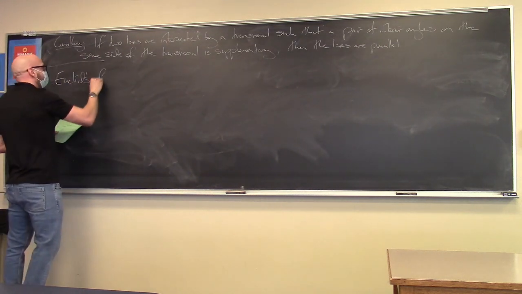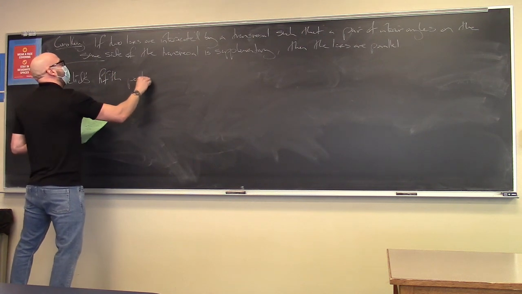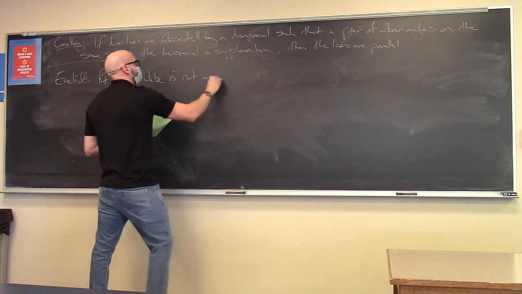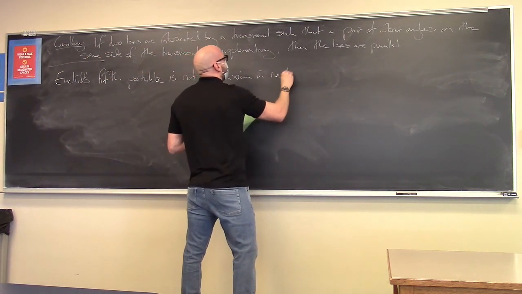Euclid's fifth postulate is not an axiom in neutral geometry.